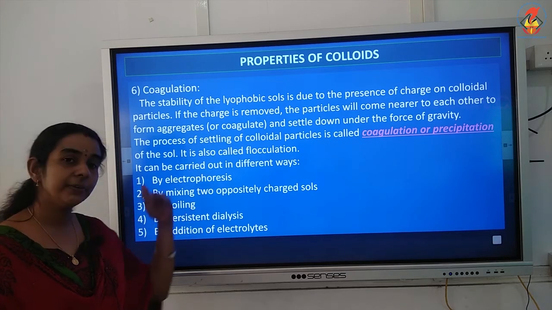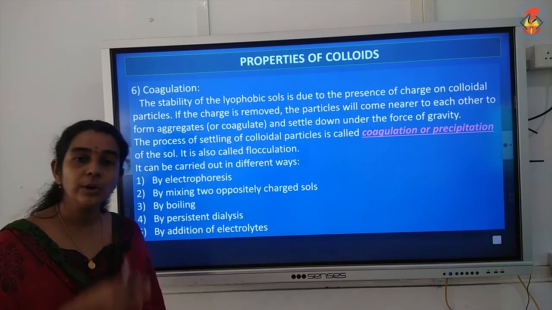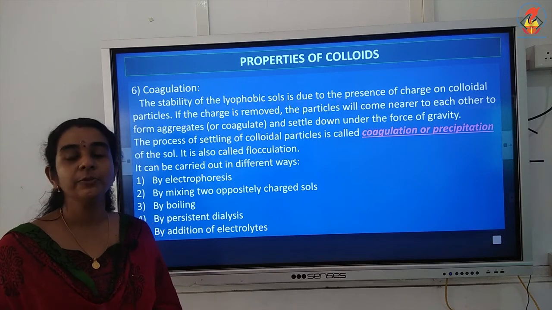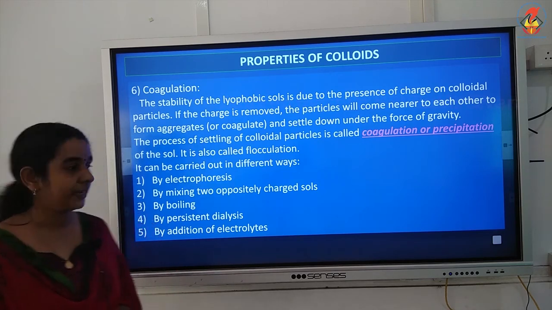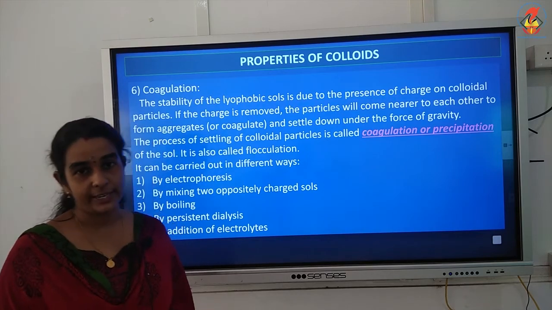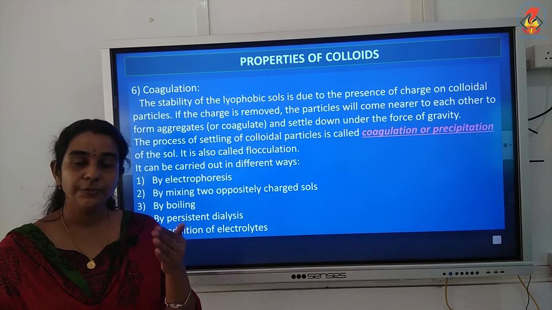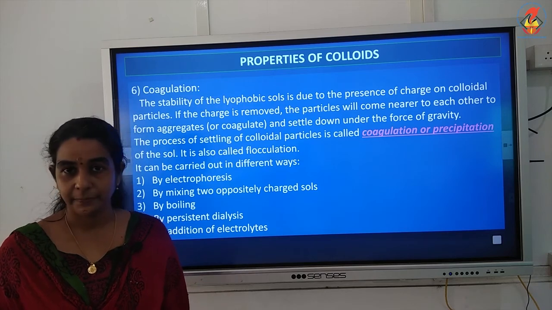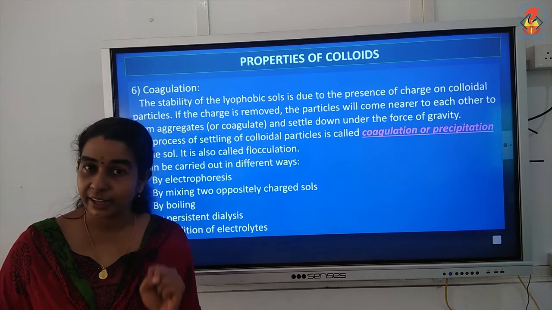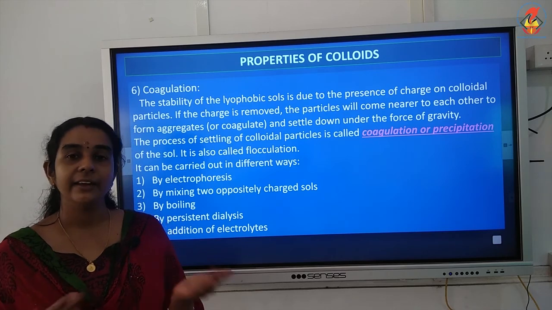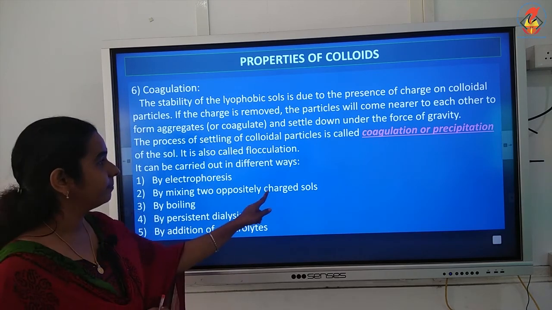So, if you are doing persistent dialysis, all the electrolyte present in the colloid will be removed, the charge will be removed, and that will be converted into a precipitate. And the next one is by the addition of electrolytes. If a colloid is positively charged, when we add an electrolyte, the colloid will attract the oppositely charged ion from the electrolyte and will get coagulated.